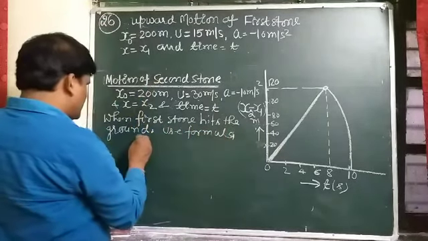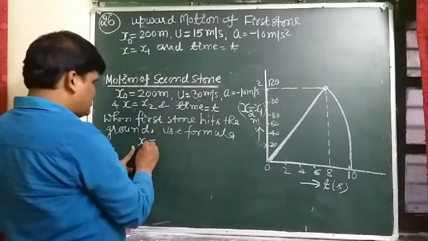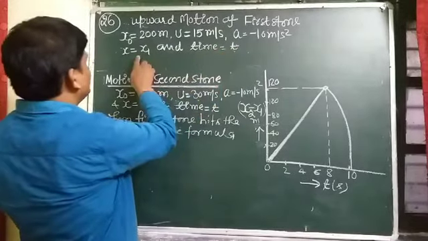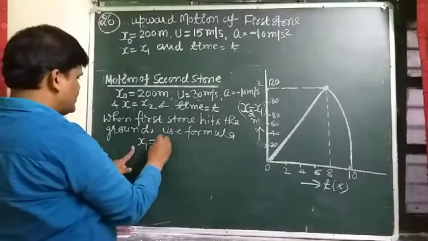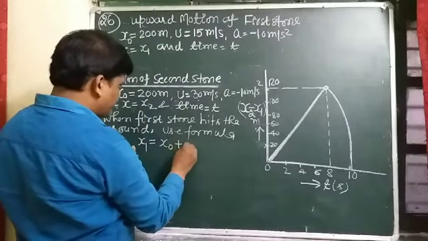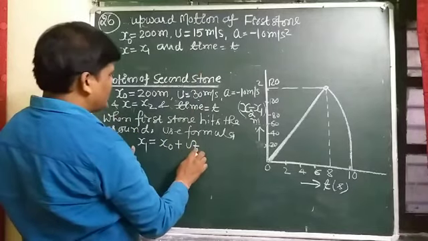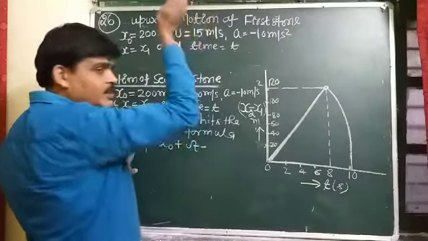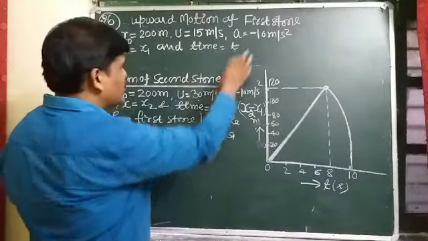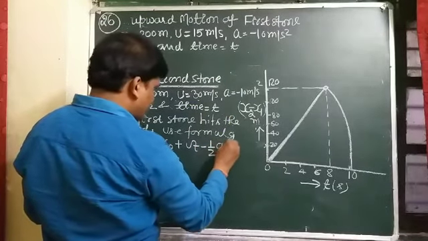Here the position of the object after time t is x1, initial position x0 plus ut, initial velocity of the first stone 15, and since it is thrown in the upward direction, acceleration is taken to be negative, half at square.